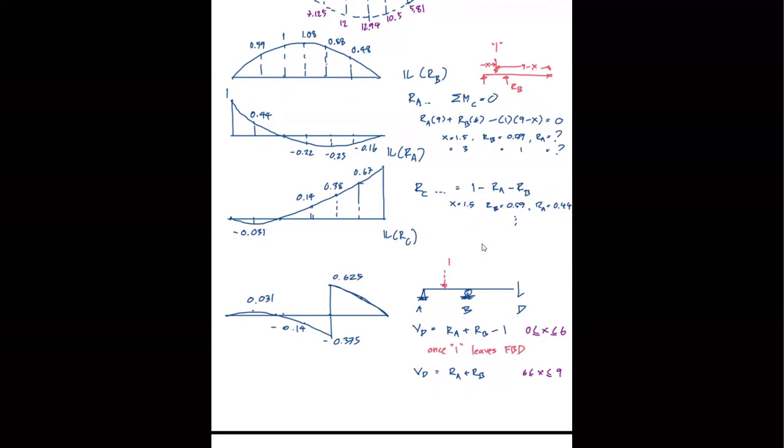And this is 0.328. Okay, and this is your influence line of shear at D. Okay, is there any question?